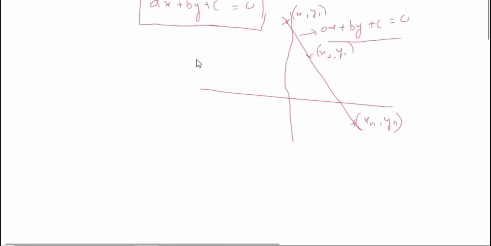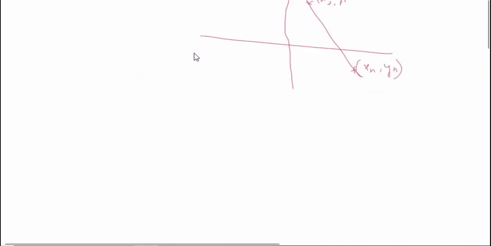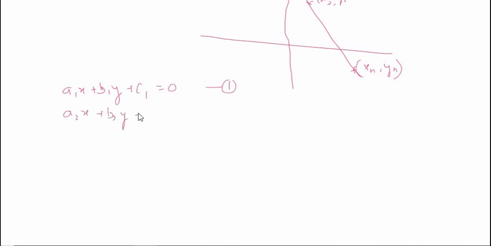Now if we have two linear equations in two variables, how to represent them? This is the way. a1x plus b1y plus c1 equal to 0 is one equation, and the other equation will be a2x plus b2y plus c2 equal to 0. This is the standard representation of two linear equations in two variables.